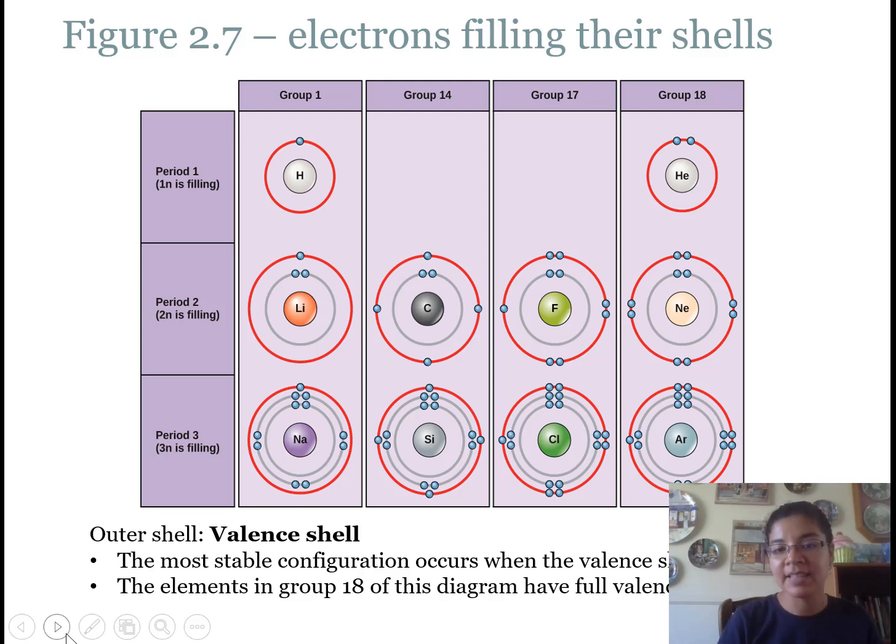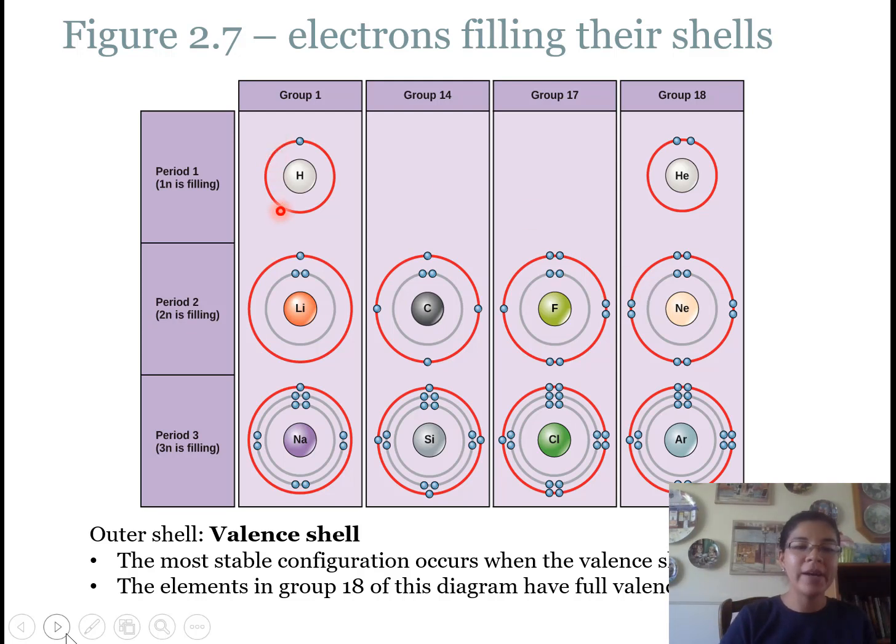Group 7 has 1, 2, 3, 4, 5, 6, 7 electrons. So in order to meet the octet rule, it wants to gain an electron. It would be easier to gain 1 electron than to lose 7 electrons. And then group 8, the noble gases, the octet rule is complete. The valence shell is filled, so they're stable elements.